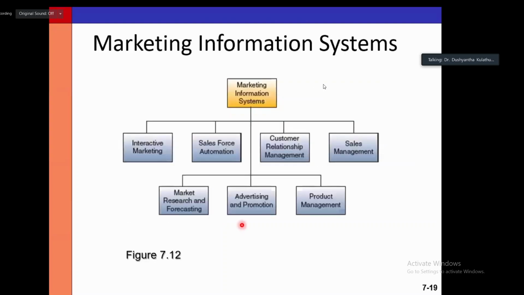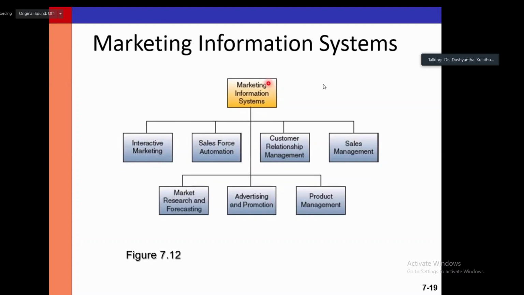What are the particular marketing components supported by marketing information systems? It can include areas like interactive marketing, sales force automation, customer relationship management, sales management, market research and forecasting, advertising and promotion, and product management.